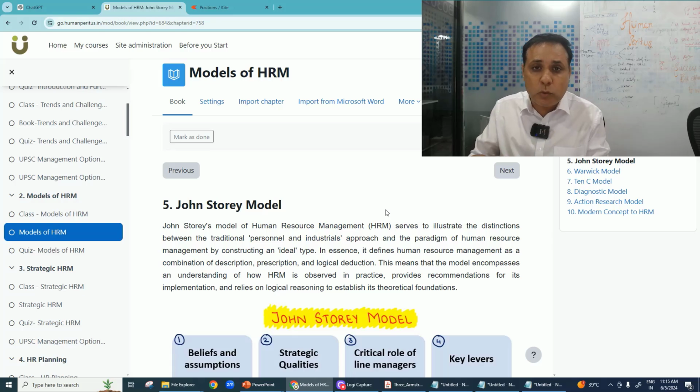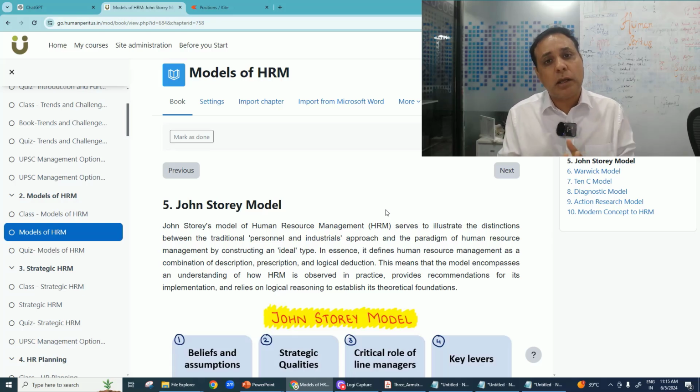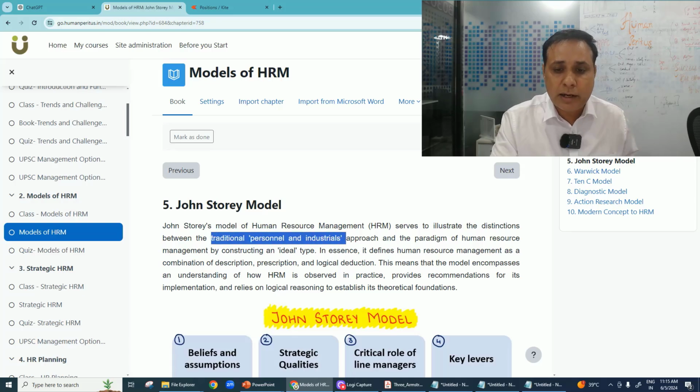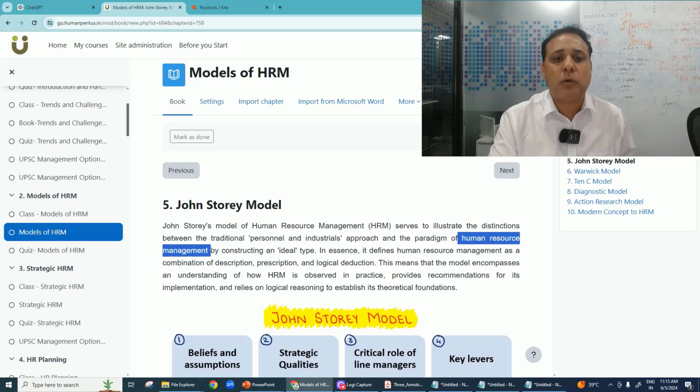Later, the term that came was HRM, or human resources management. The second thing he did is create a differentiation between these two approaches: one is the traditional personnel and industrial relations approach, and the second is the human resources management approach.